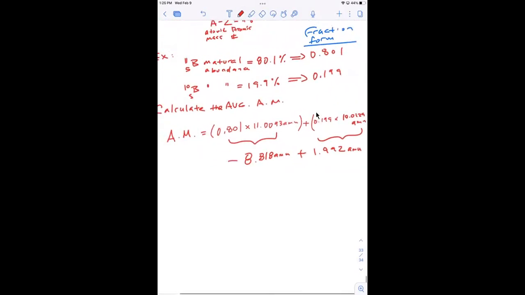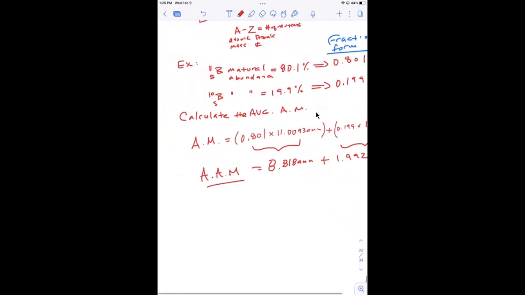And then we're going to just add those two numbers together to get the average atomic mass.